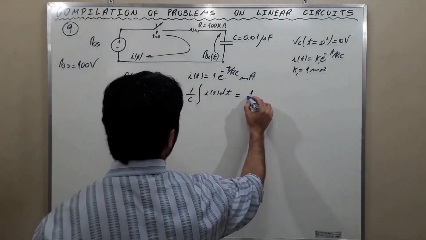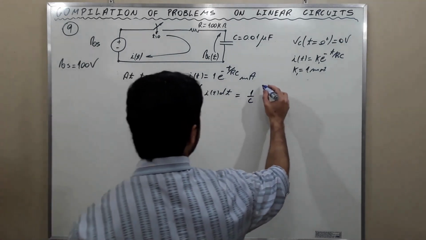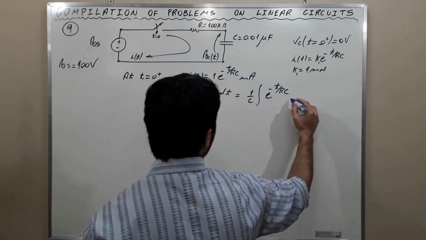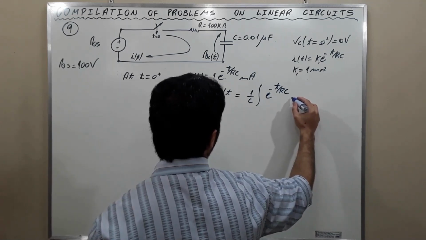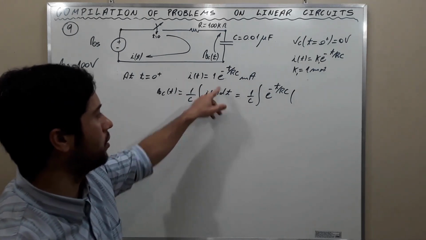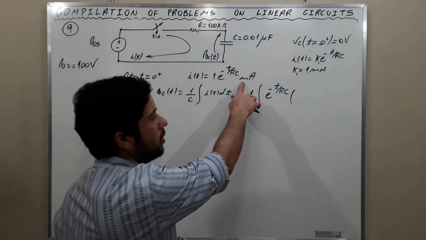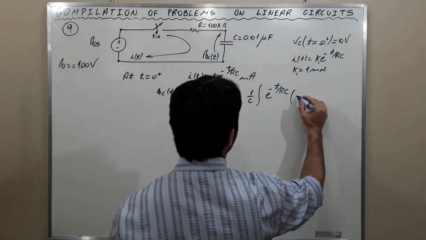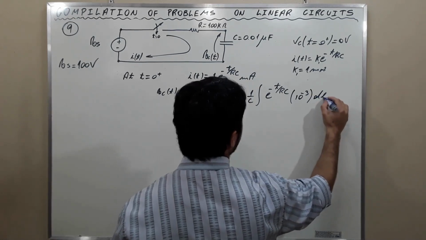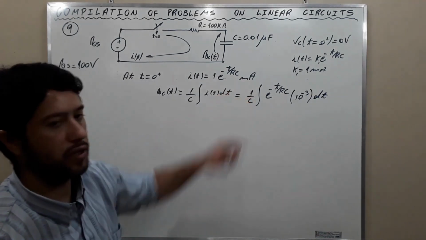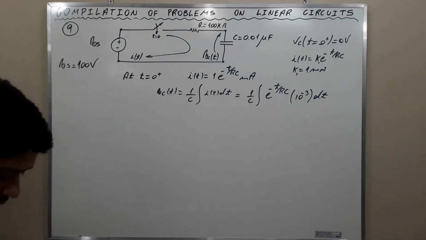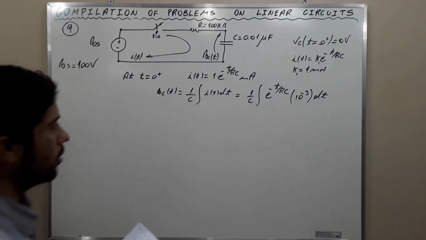And it is going to be 1 over C times the integral of e to negative t over RC. And here, I'm going to use 10 to the negative 3 because it is milli amps.